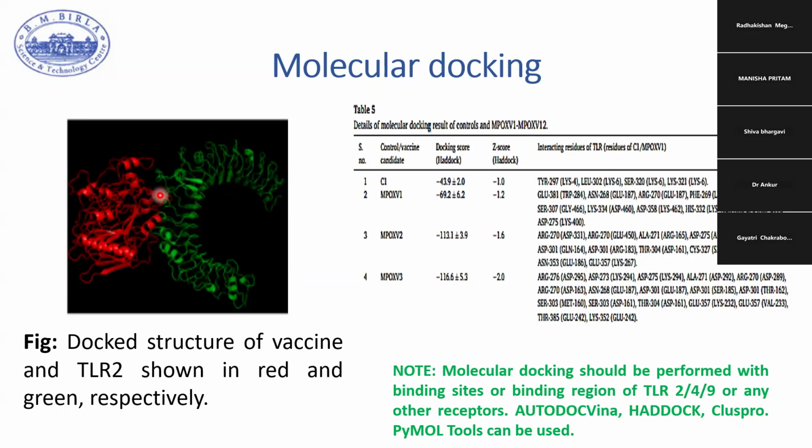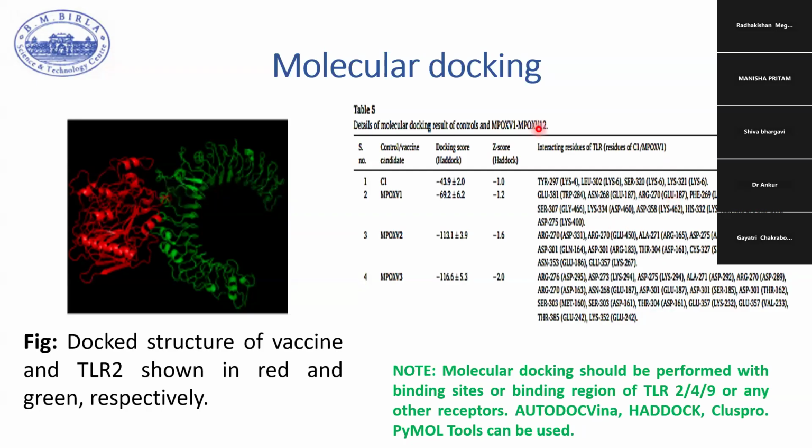Wherever the binding site is available for TLR2 or 4 or any other toll-like receptors, always use those binding sites for docking of your designed vaccine. If suppose your vaccine is going to bind in this part, and this is inside the cell membrane, the whole docking is useless. So always use binding sites of the toll-like receptor for docking purposes.